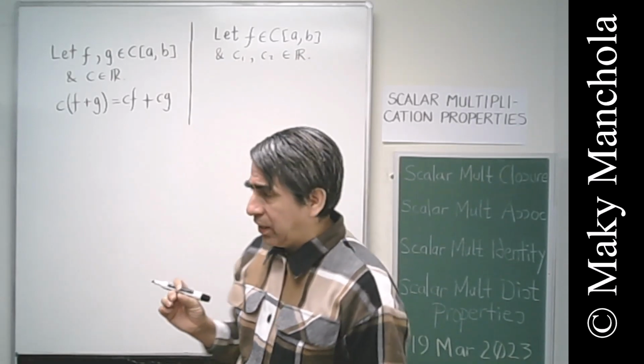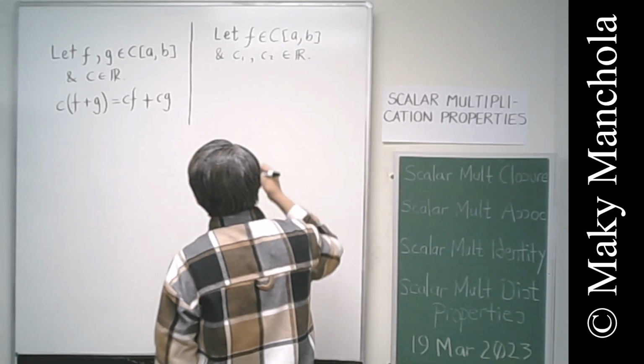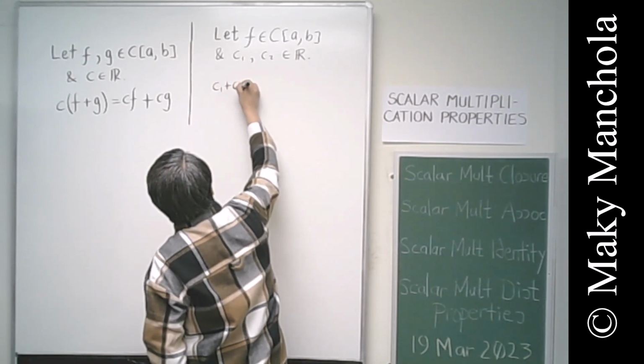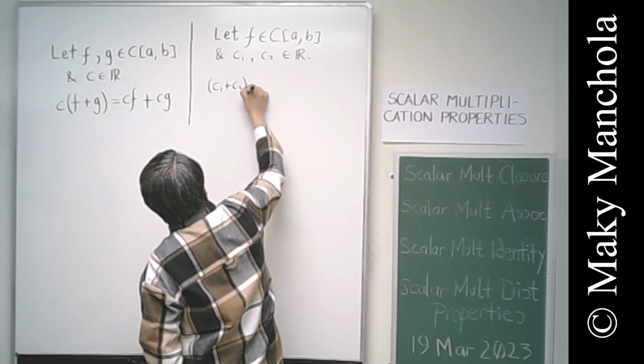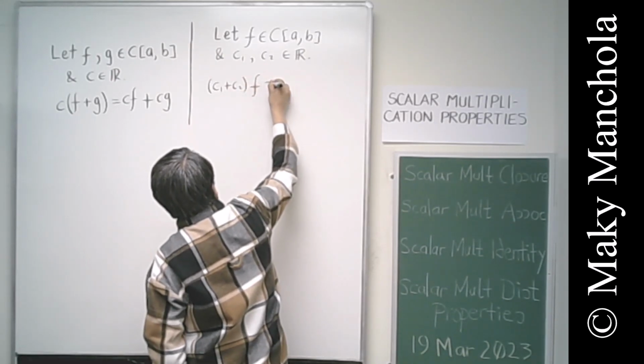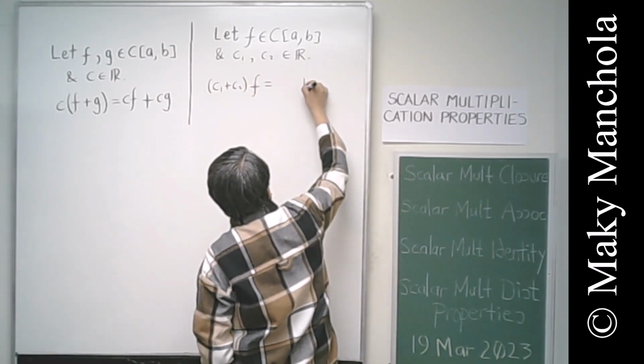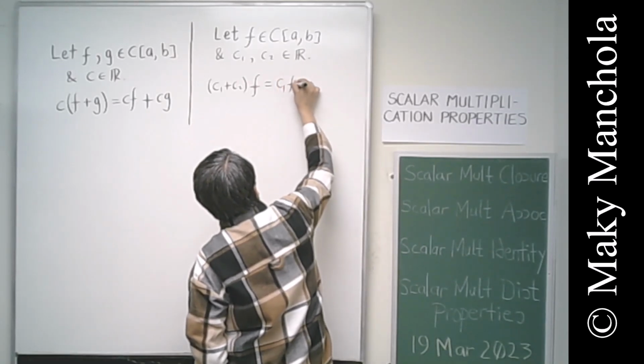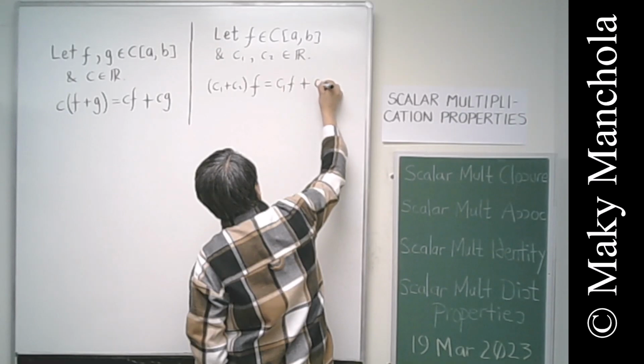Then what we get is that the function (c1 plus c2)f equals the sum of the functions c1f plus c2f.